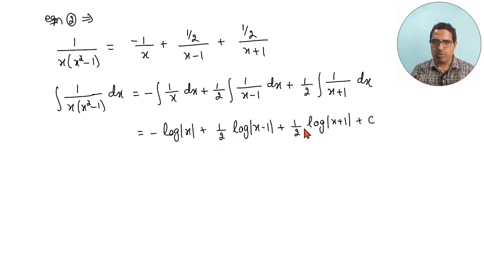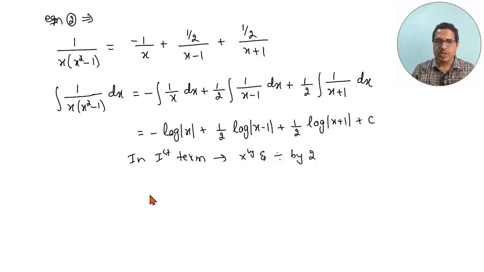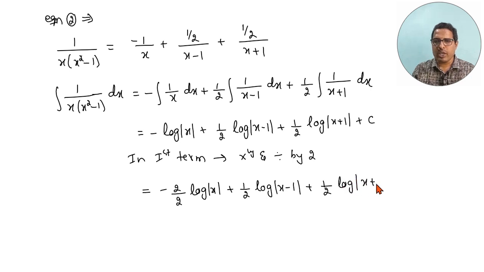Since in these two terms we have half, let us get half in the first term too so that we can take half common outside. So in the first term we multiply and divide by 2. It becomes minus 2 by 2 log of mod x, plus half log of mod (x minus 1), plus half log of mod (x plus 1), plus the constant c.